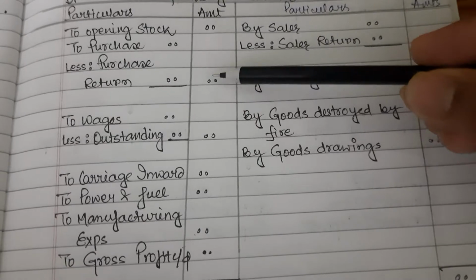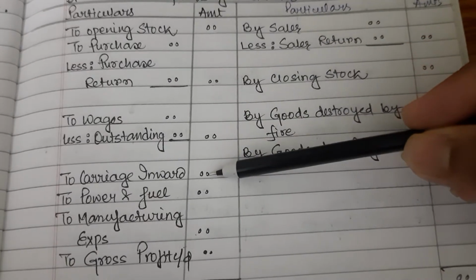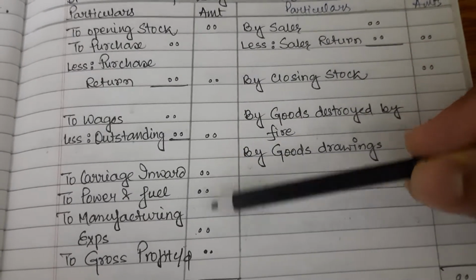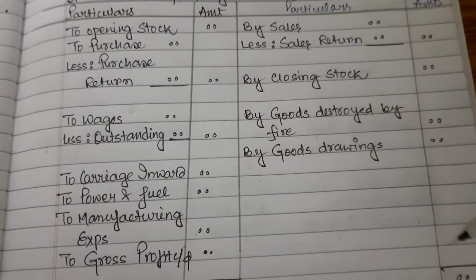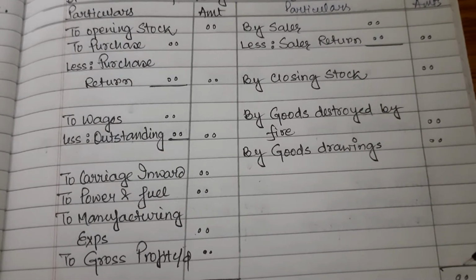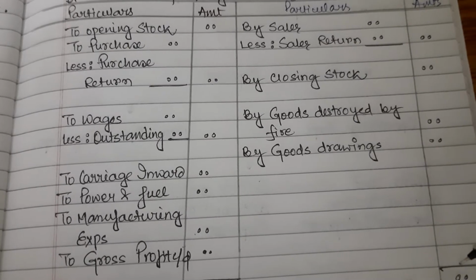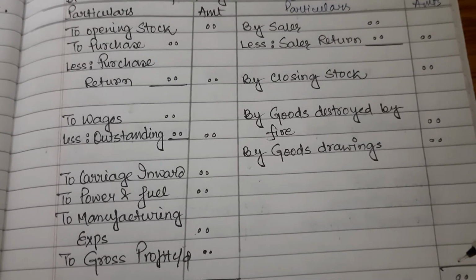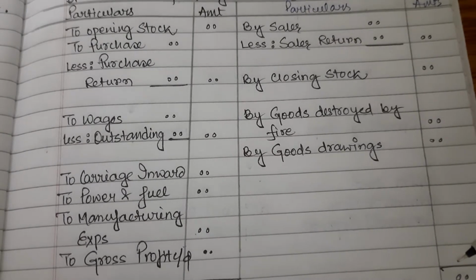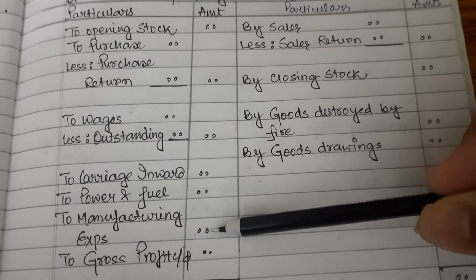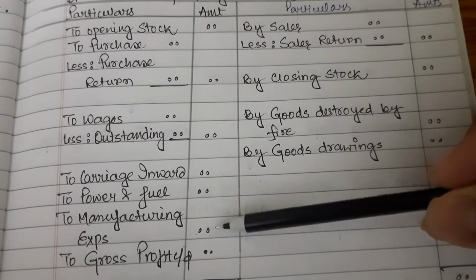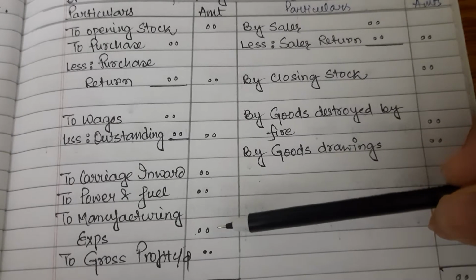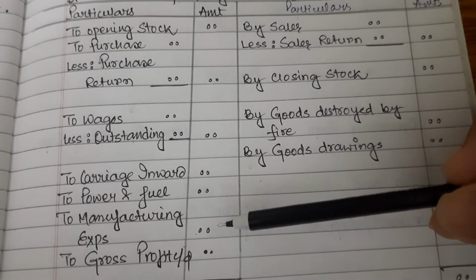That means after purchasing, any purchase-oriented expenses and any factory-oriented expenses are to be recorded in trading account. Usually a trader does not incur any factory-related or manufacturing-related expenses. But if any manufacturing-related expenses are incurred by traders, those are to be recorded in trading account only, because manufacturing-related expenses are recorded in manufacturing account.